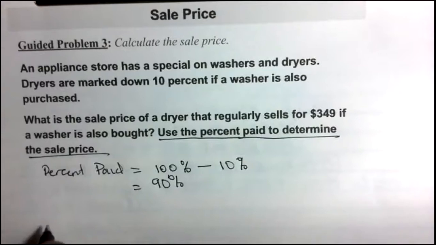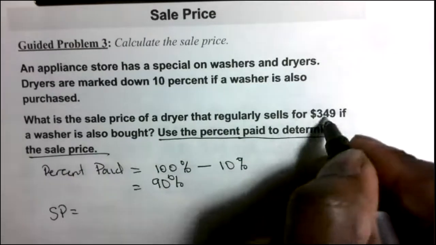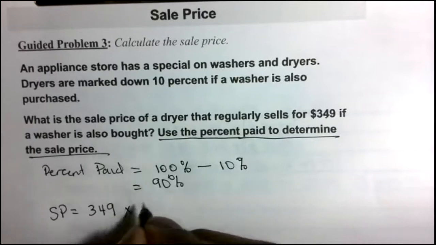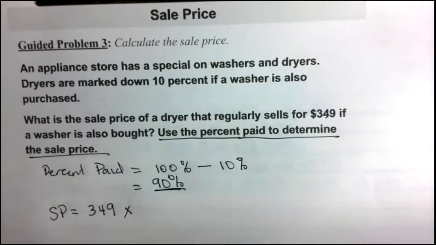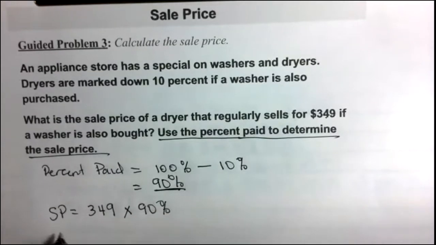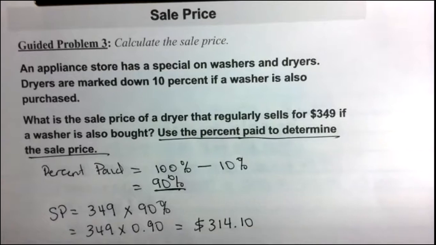Now I'm going to say my sales price, using the second formula, is equal to the regular selling price, $349, times the percent paid, which is 90%. So this is equal to 349 times 0.90, and this gives me a total of $314.10.